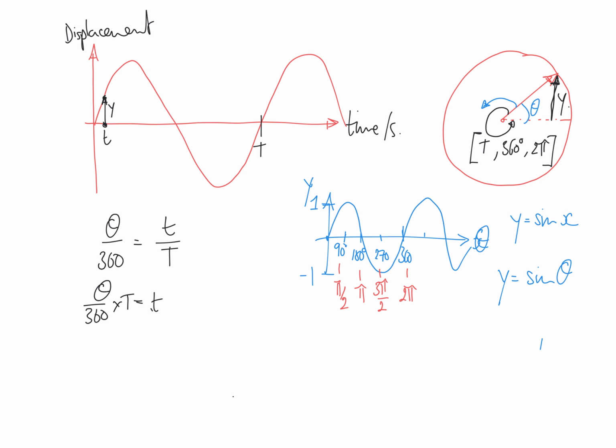It's also probably neater to give it in radians. So we'll say it's theta over 2 pi multiplied by T. Brilliant.